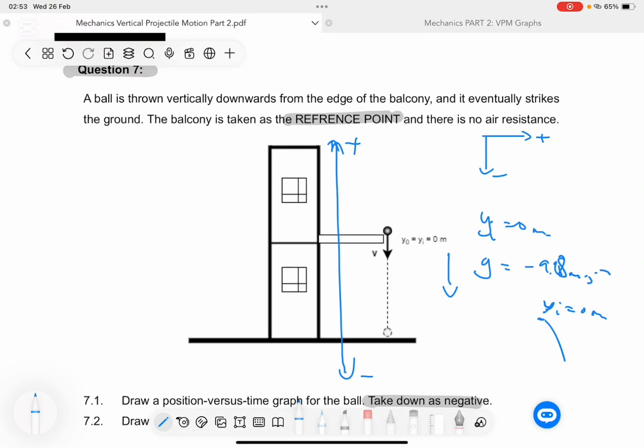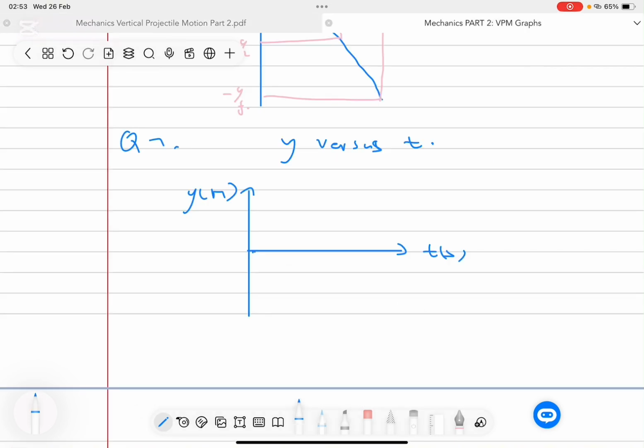Now remember that this graph should be in the negative direction. It should be drawn in the negative direction because we said it occupies negative positions here. So it's a graph that should be here in the negative direction. But I'm going to draw this graph like this.